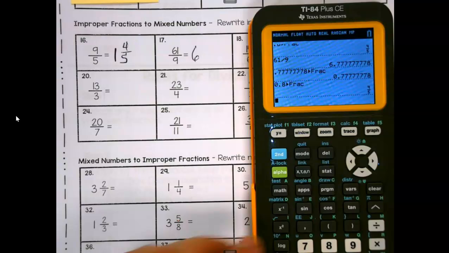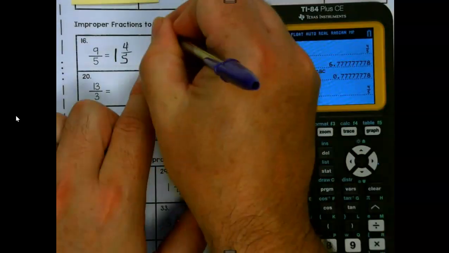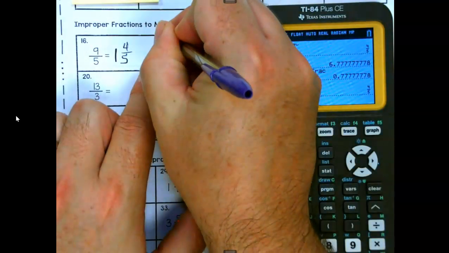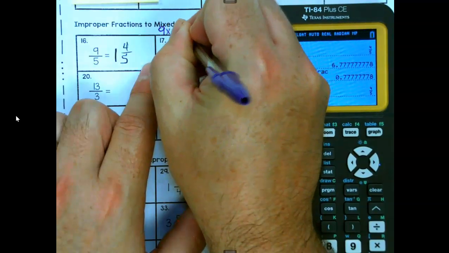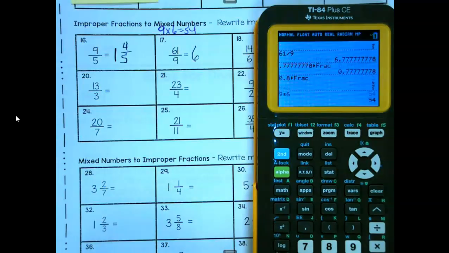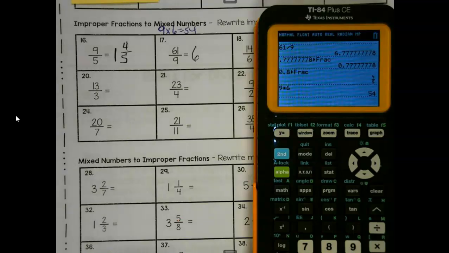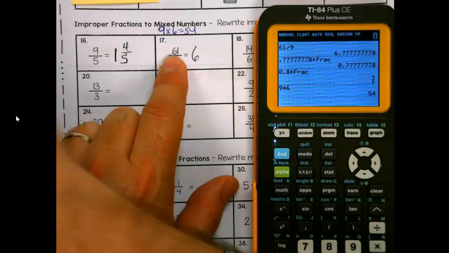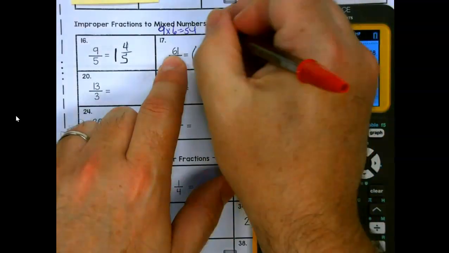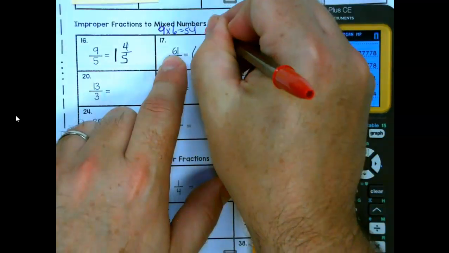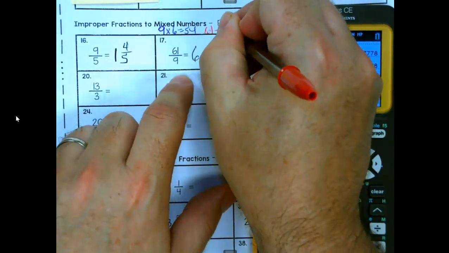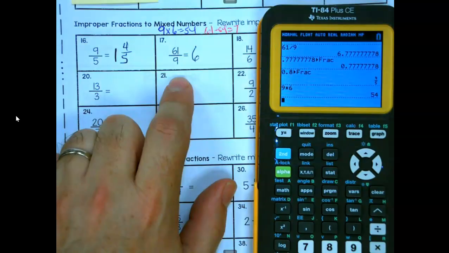So I look at this, and I'm going to say, okay, 9 times 6 is 54. Okay, we've got that here. Now, if I take that 61 and I minus 54, that's 7.